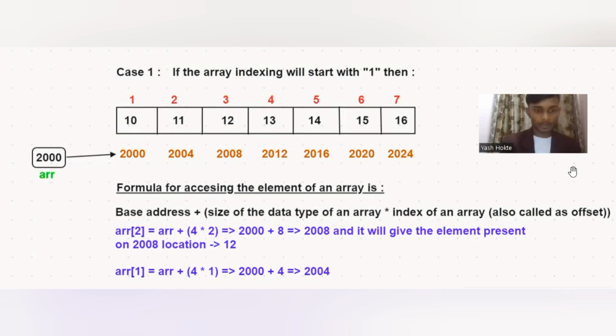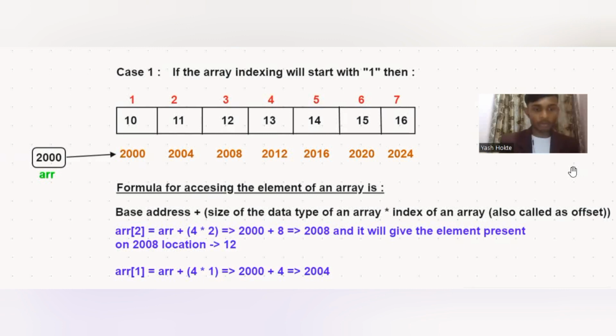Now suppose I want to access the second element of the array, which is 11, and its index is 2, because we are assuming that the indexes start from 1. For that, we write arr[2]. It should give the element 11 as the answer, but we know the compiler is going to convert it into another form: base address plus size of the data type of the array times the index. Let's figure out the answer using this formula.